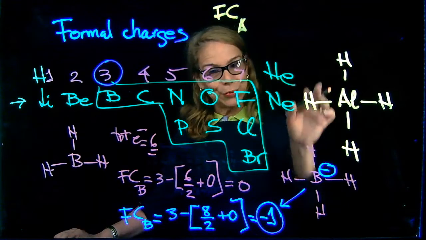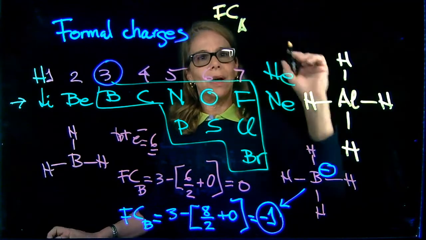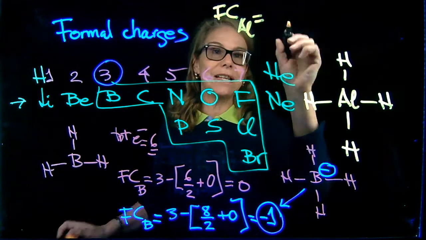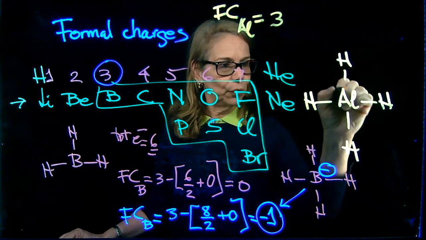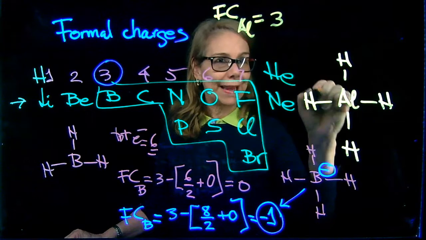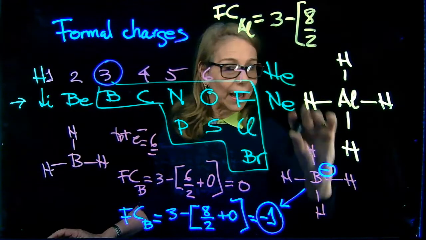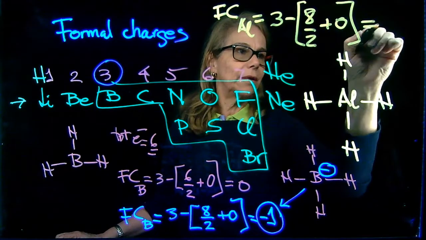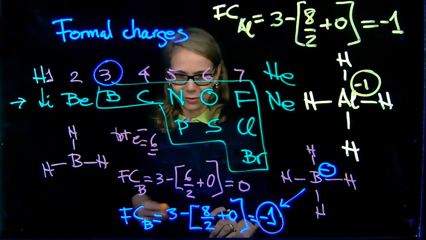Okay, so let's do the formal charge of aluminum in this compound here. So formal charge of aluminum will be the number of valence electrons, which is 3. And now we're going to count 2, 4, 6, and 8 divided by 2. And I don't have lone pairs, so that is 0. So again, here, the formal charge is -1 for aluminum.